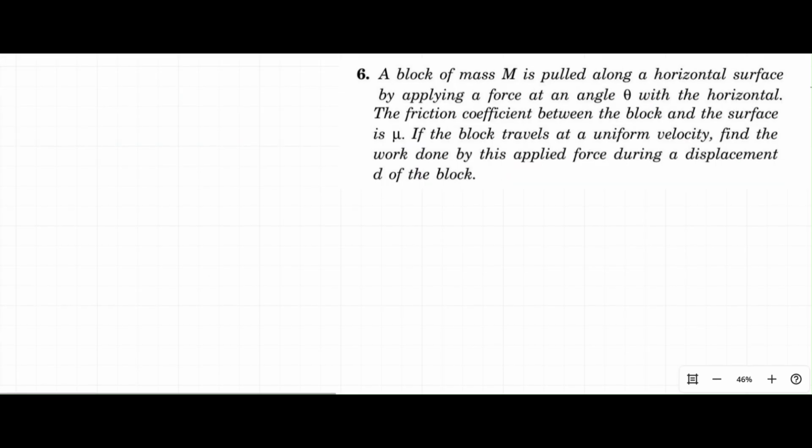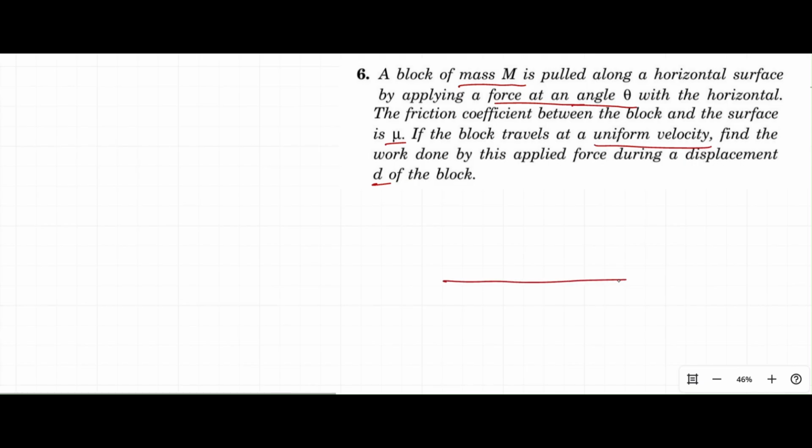Now this is a simple question where there is a block of mass m, which is pulled along a horizontal surface by applying a force at an angle theta with the horizontal, and the friction coefficient between block and surface is mu. If the block travels at uniform velocity, then find the work done by this applied force during a displacement d of the block. So what is it saying?